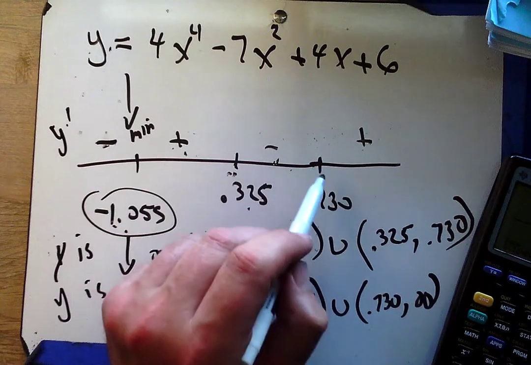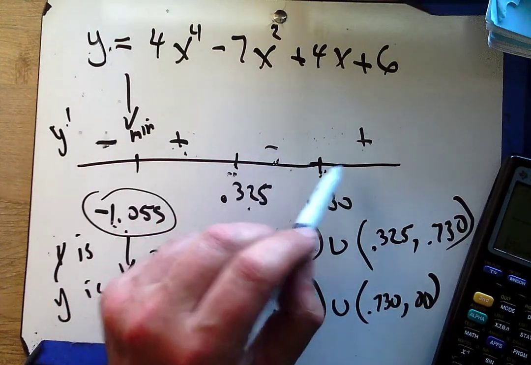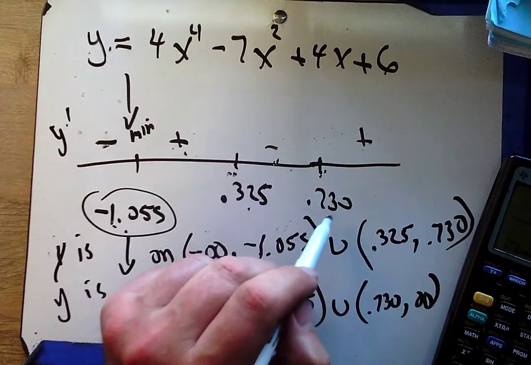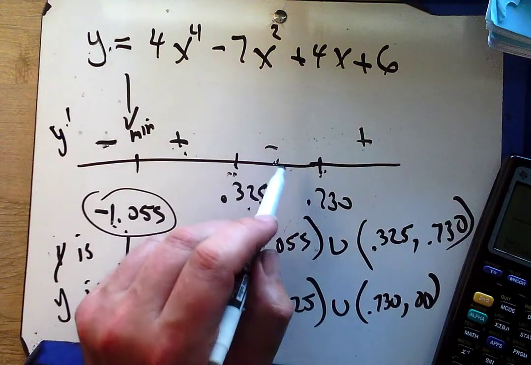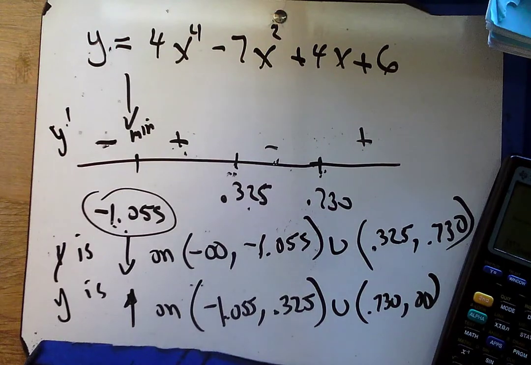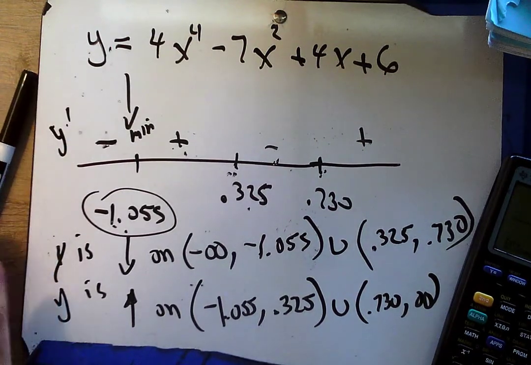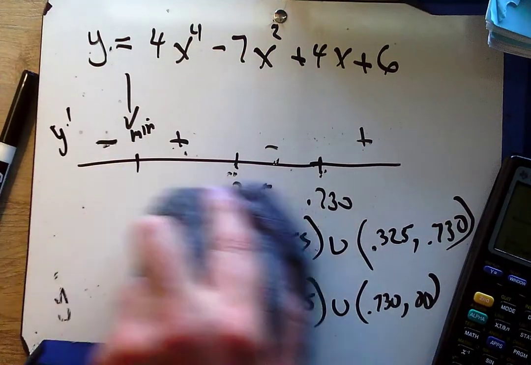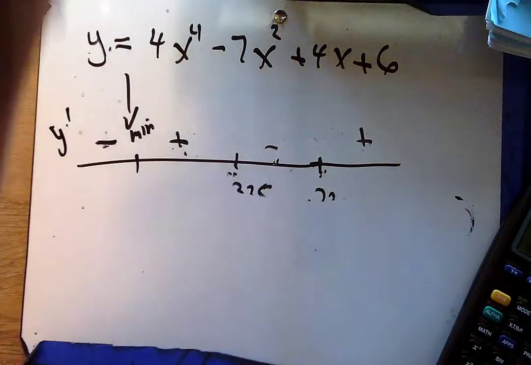So I have a max there, and then I have a min here at 0.73, because to the left of 0.73, y prime is less than 0, and to the right of 0.73, y prime is greater than 0. So I can talk about maxes and mins. I can talk about increasing and decreasing.